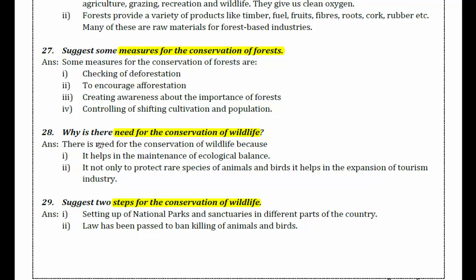Why is there a need for the conservation of wildlife? The first one was conservation of forest, now conservation of wildlife. It helps in the maintenance of ecological balance. It not only protects rare species of animals and birds, it helps in the expansion of the tourism industry. Next, 29.